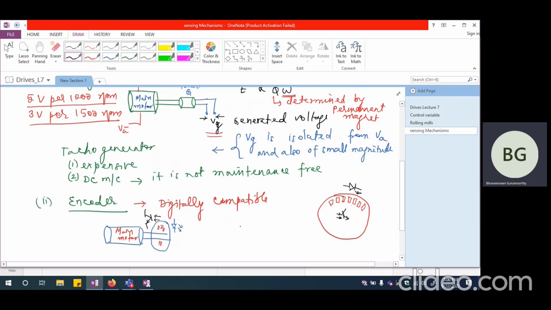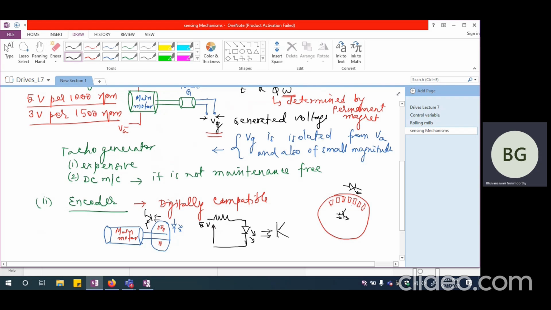I am going to have the LED already connected to some kind of small source, let us say a 5-volt source. So this is the 5-volt source which has been connected to the LED. And on the other side, I'm going to have a phototransistor.